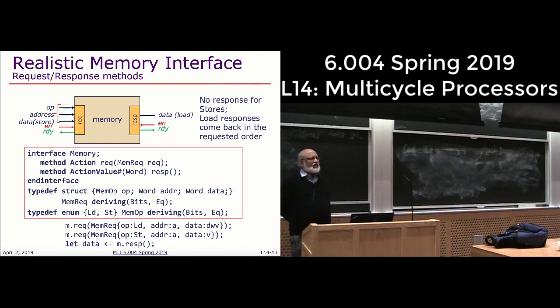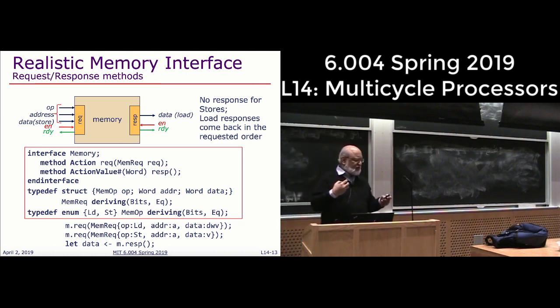If you have a load request, notice I have put down there that this data is bogus here. So this is the default word value or something. But when we are doing the store operation, I have to supply an address as well as a value. And now how do I get the load response from it?